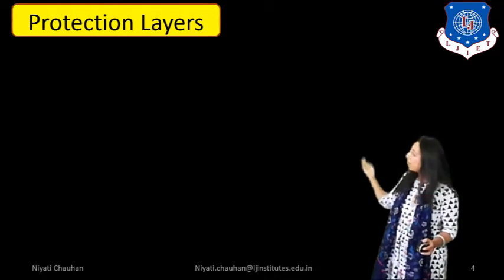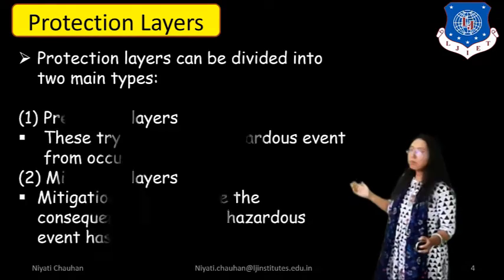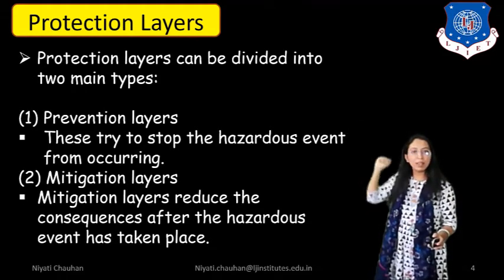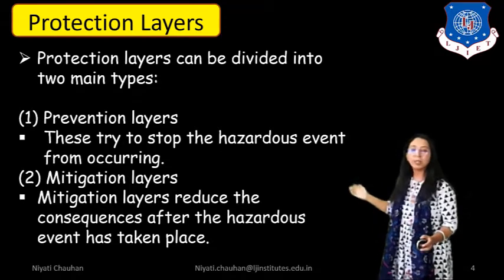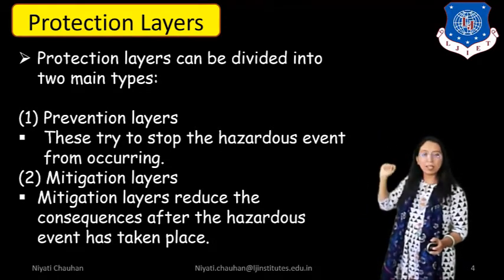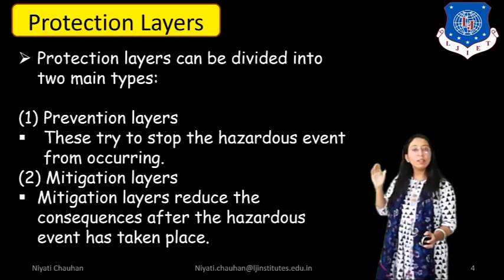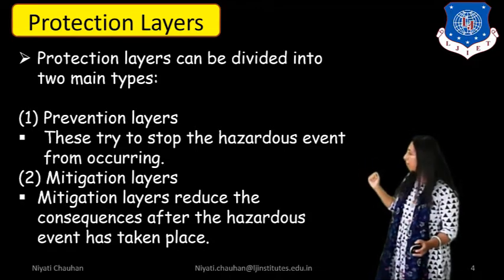So protection layers can be divided into two parts. First is prevention layers and second is mitigation layers. First, the prevention layer tries to stop the hazard event from occurring, right?